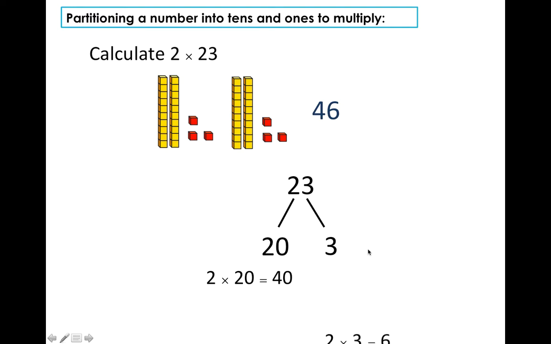Once I've done that, I'm going to multiply my 2 by the 3 ones in 23 to give me 6. Okay, then to get my final answer, I must do 40 add 6, which equals 46. So I add my 2 answers together.